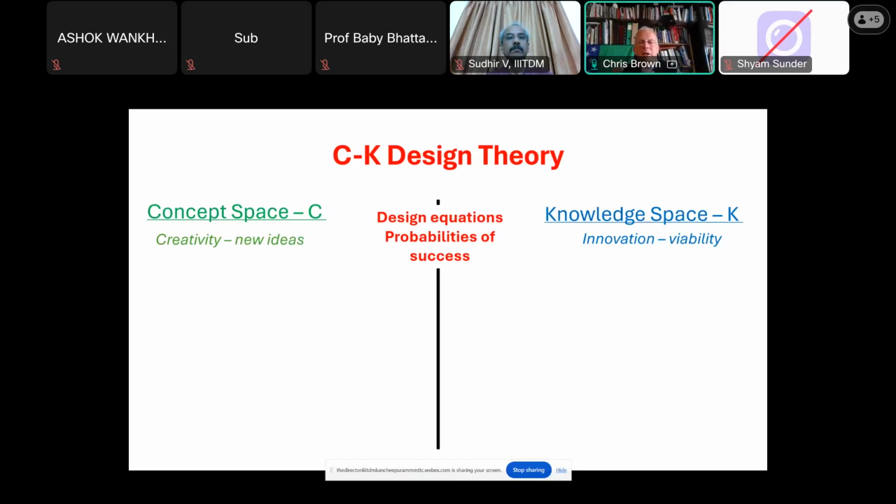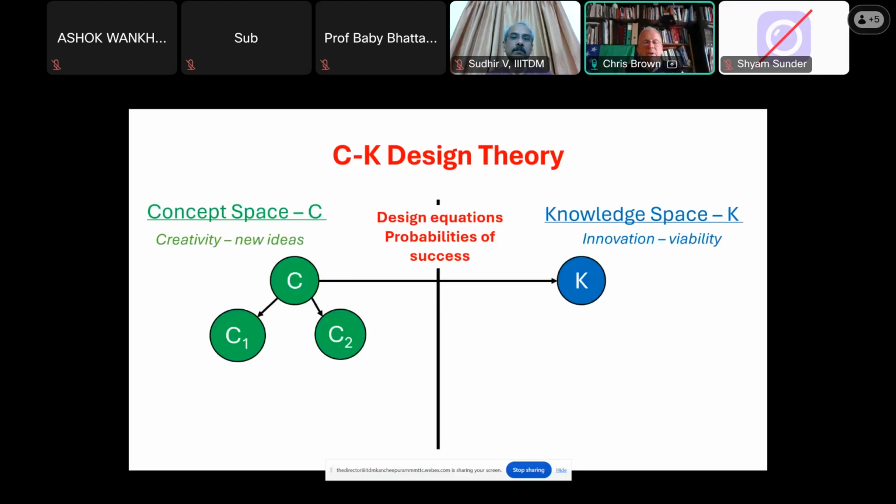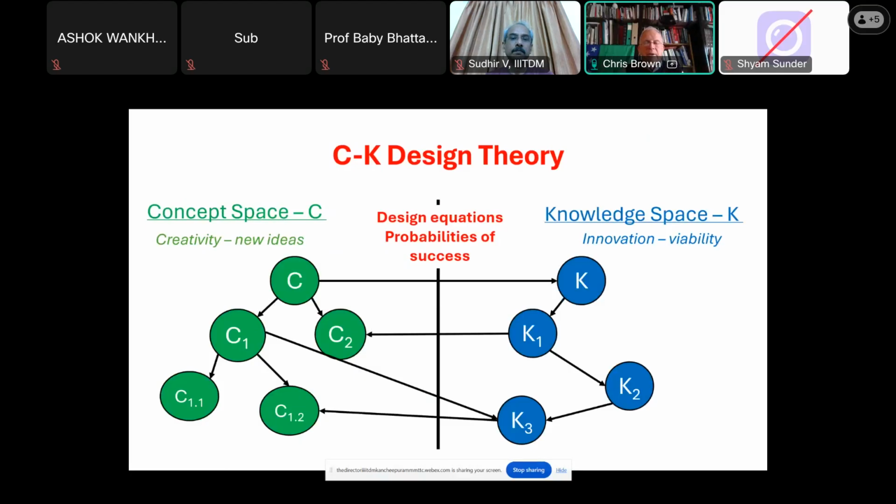Think about what knowledge we need to develop. And often in axiomatic design, too, sometimes we're asking, what are the probabilities of success? Or how does this DP actually satisfy this FR? But we can go from concepts to knowledge, and then we can decompose these and find other connections and so forth. So there's a whole body of literature on CK design theory.